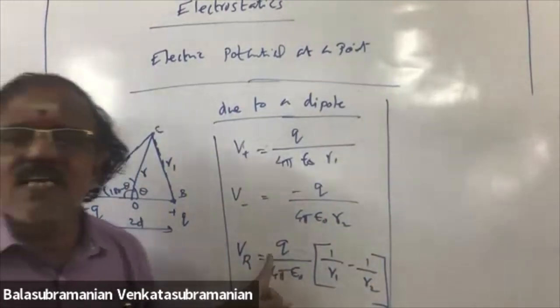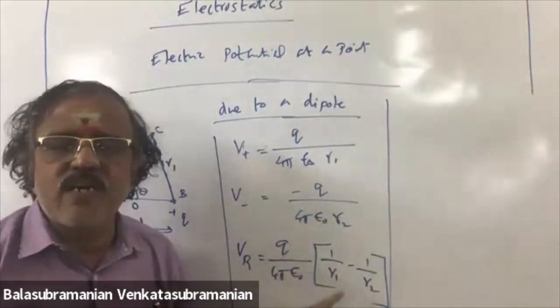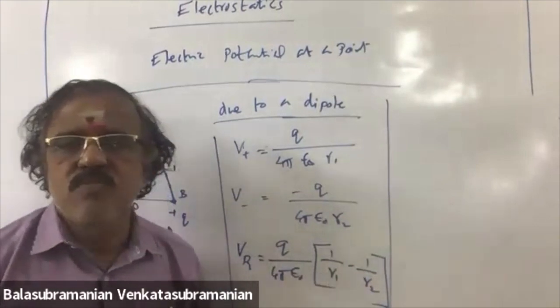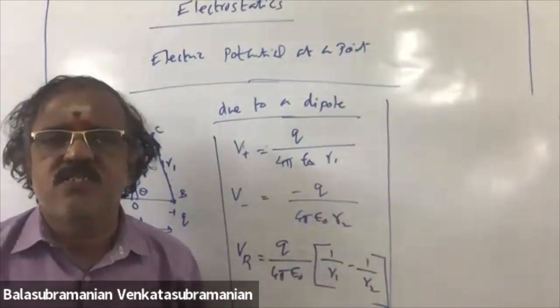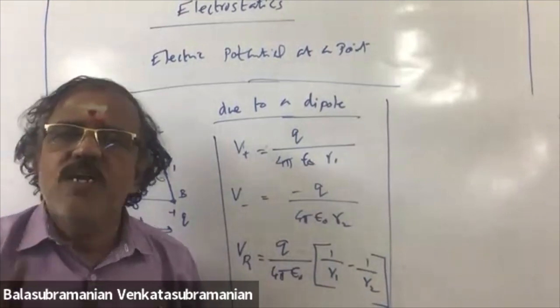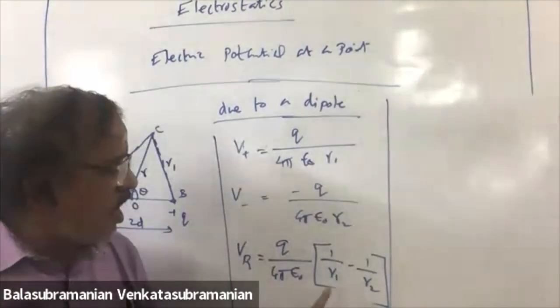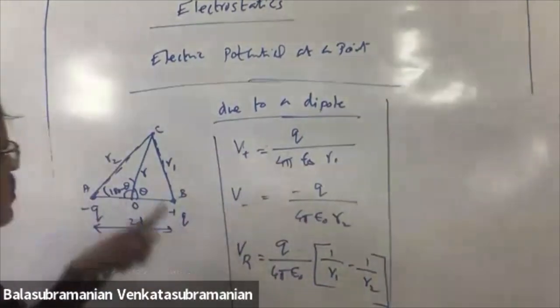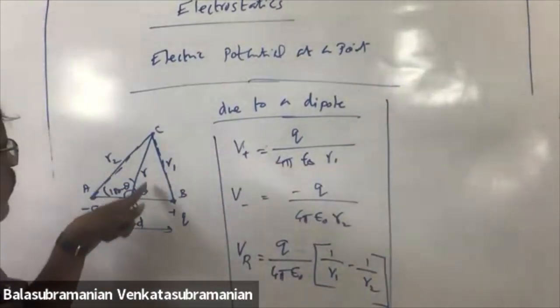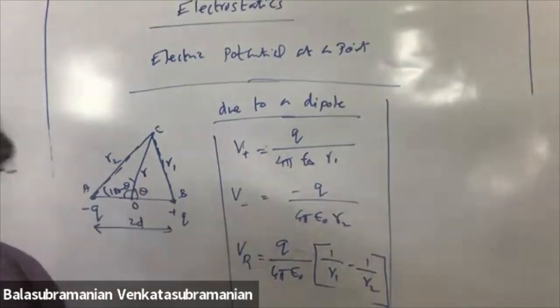This is the electric potential due to a dipole in terms of R1 and R2. There R1 and R2 are two different distances. I want a common term for R1 and R2. Common term means express R1 and R2 in terms of R and theta.